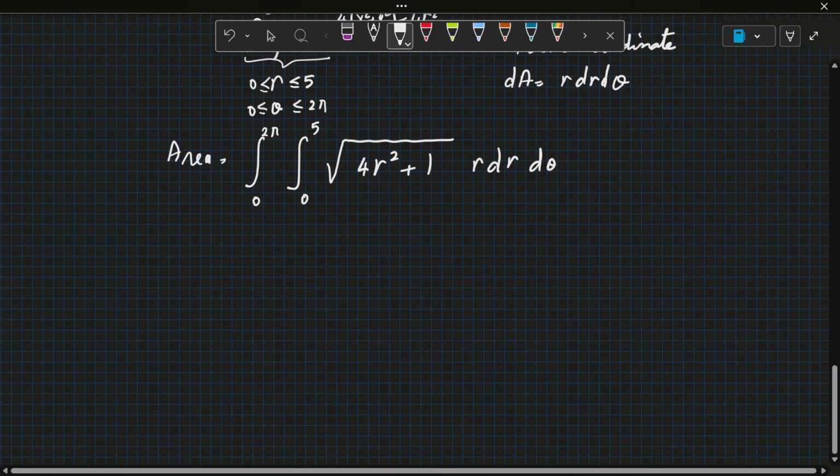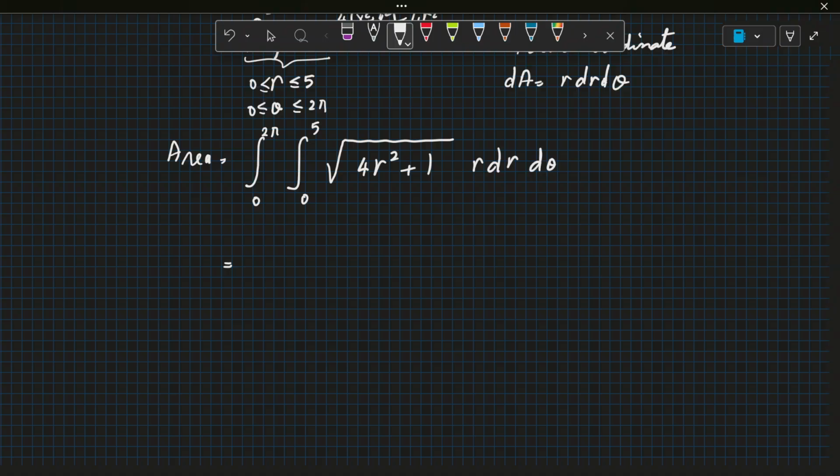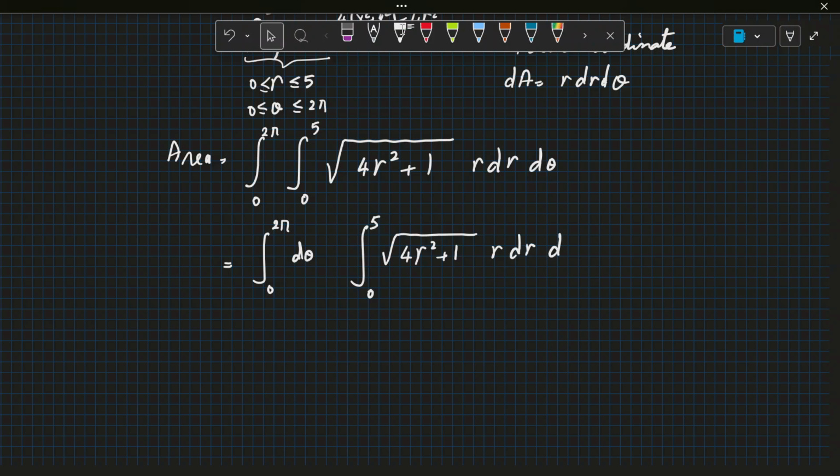This double integral can be calculated by separating r and theta from each other. They're already separated, so I can do the integral from 0 to 2 pi of d theta, and then the integral from 0 to 5 of the square root of 4r squared plus 1 times r dr. This first one is of course trivial. This is just 2 pi. How about handling this?